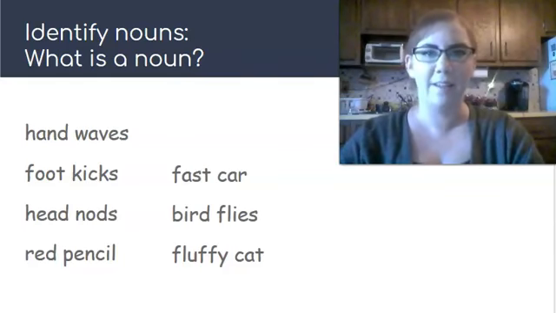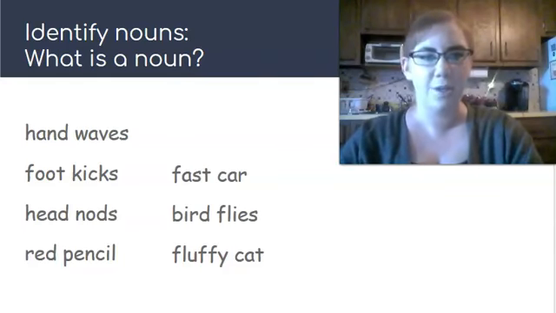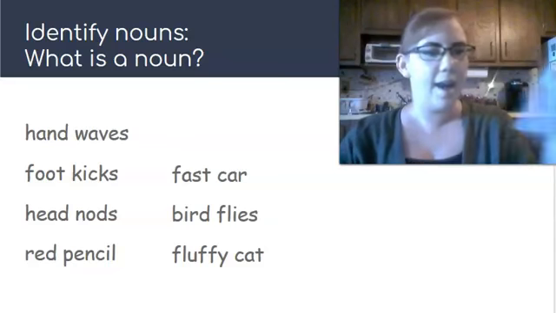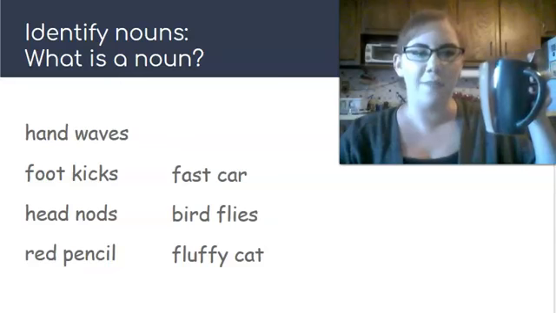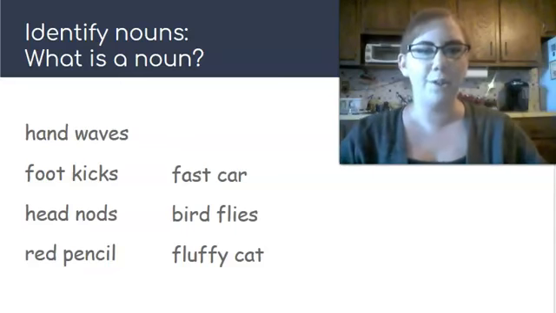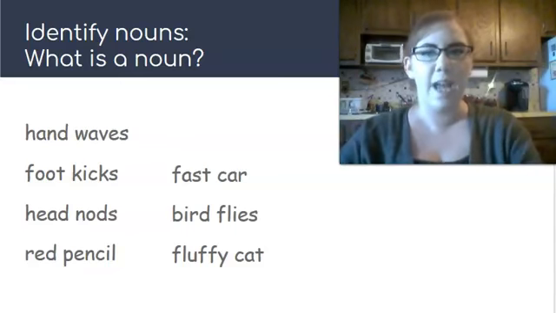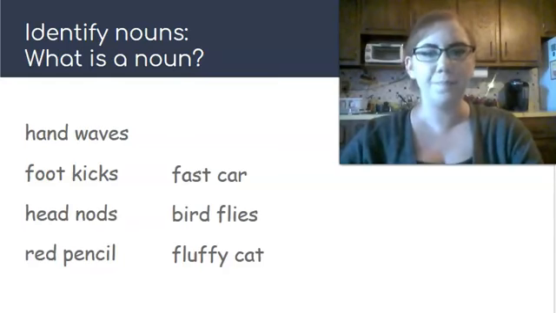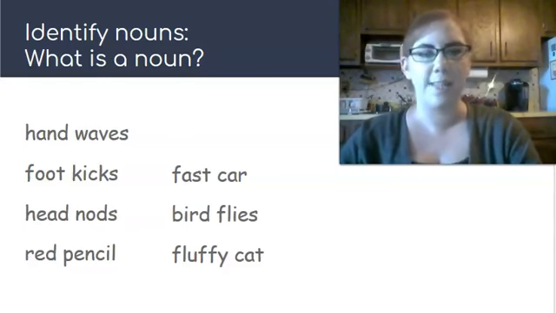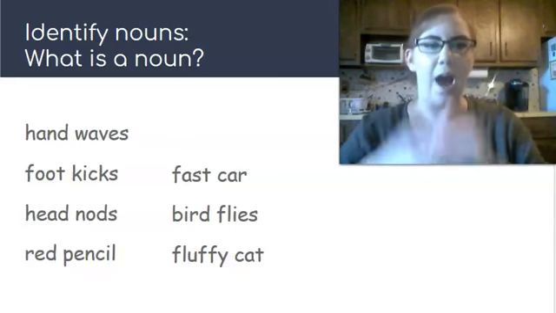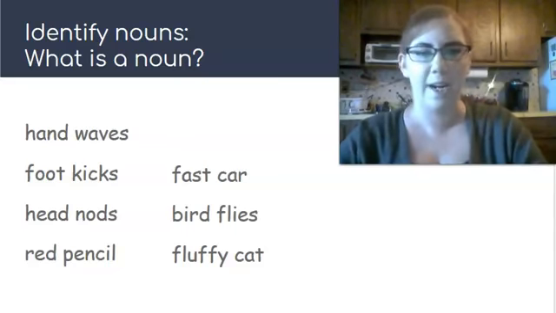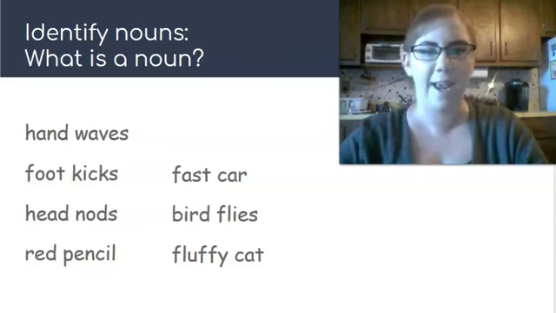House is a thing. A thing is something that you can hold, like a piece of mail or a coffee cup. Blue is not something you can hold. It's just a color. Let's look at some more examples. When I say the phrase and then point to you, I want you to shout out which word is the noun or a thing.